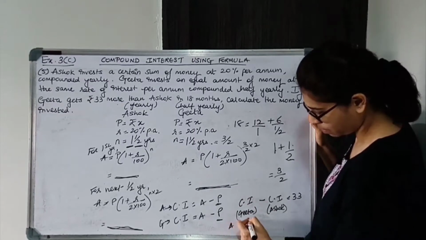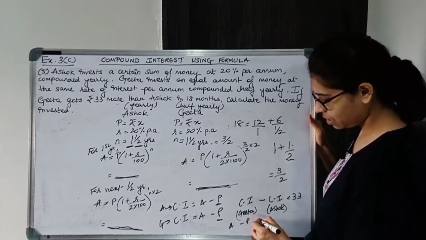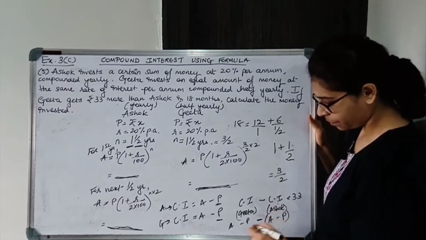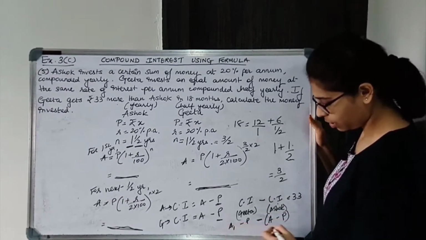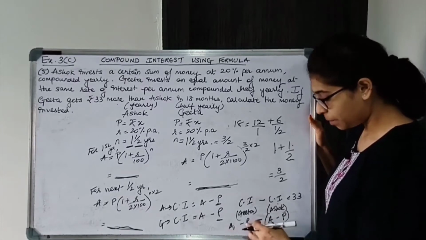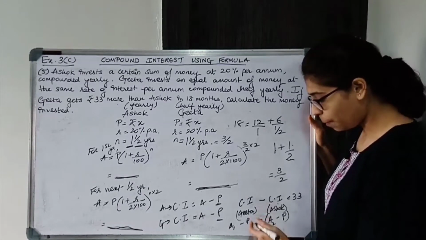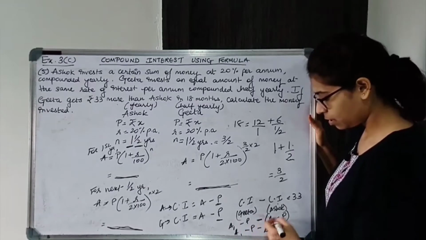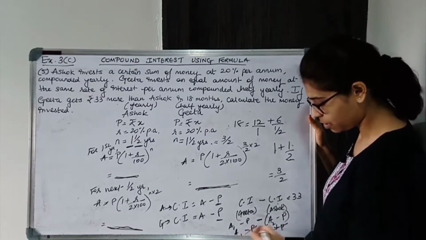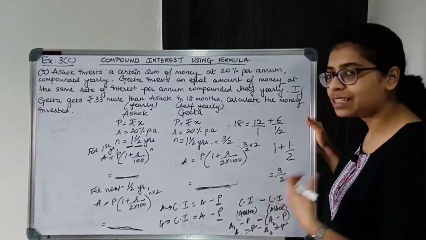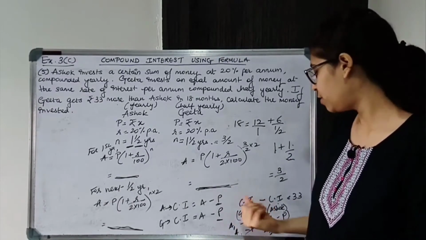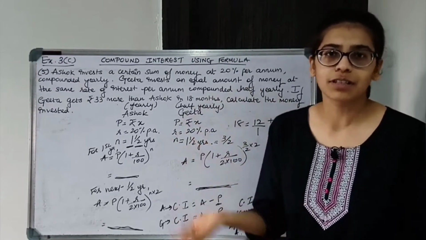A minus P, minus CI of Ashok, which will again be A minus P. We know here the amount is different, but the principal is the same. So when you open the brackets, what will happen? The principal will become positive, so the principal gets cancelled. Basically the difference in amount is rupees 33. So even if you take interest, basically you are taking the difference in amount only.